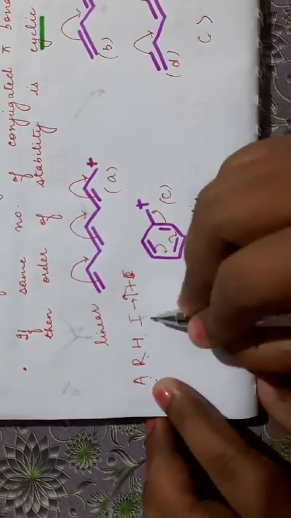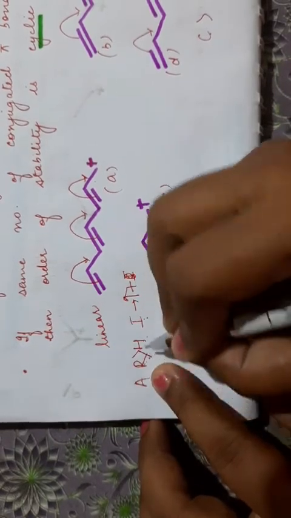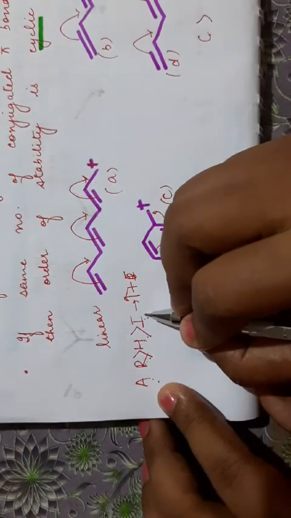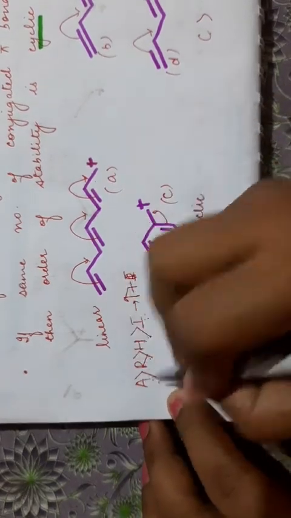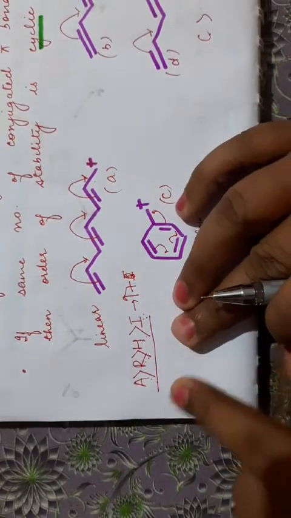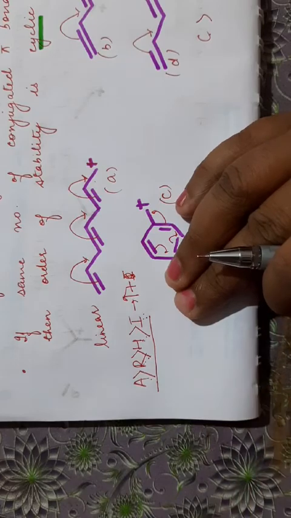Now you have to remember the order. If there is resonance and hyperconjugation, resonance is more dominant over hyperconjugation, hyperconjugation is more dominant over inductive effect, and aromaticity is more dominant than resonance. So this is the order you have to look for while deciding the stability of carbocations.